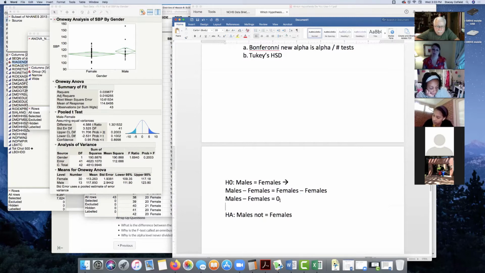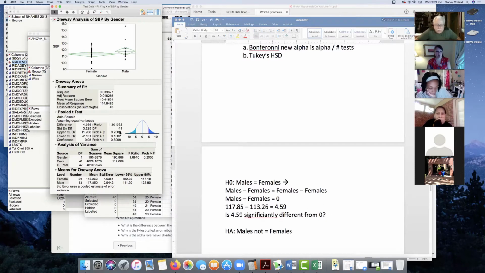So the null hypothesis that the t-test actually looks at is this, right? And I got 117.85 minus 113.26, and it's going to give me a 4.59 here. So I want to know, is 4.59 significantly different from 0, right? That's really my question. Is the difference I see between them different from 0?